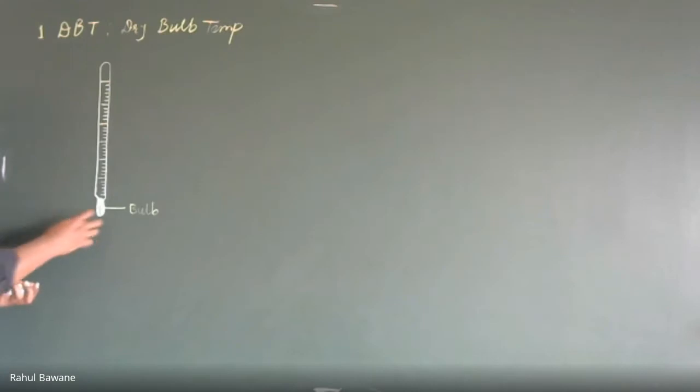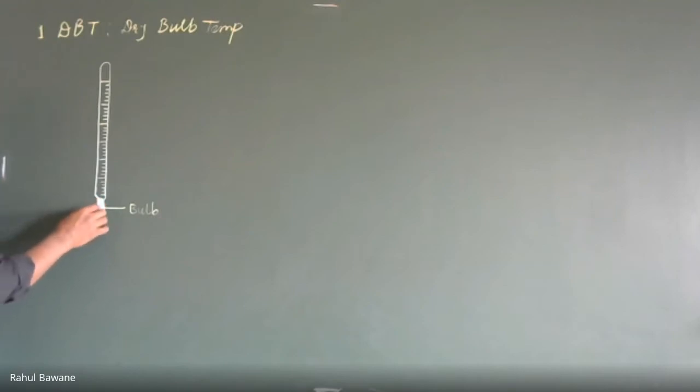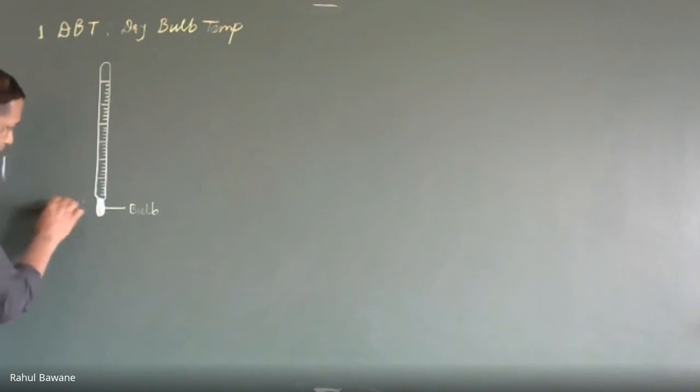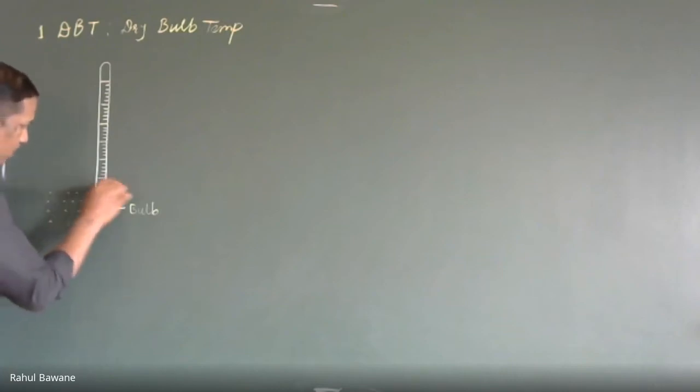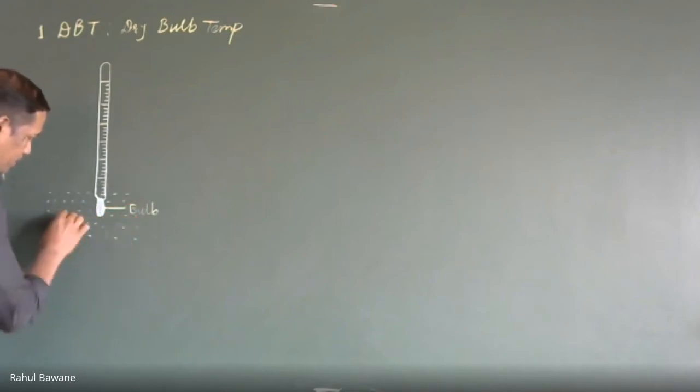If this bulb is naked, without wound with any material, any cloth, anything, so if I am using such a bulb, it is called a dry bulb. And when I try to measure the temperature, whatever be the surrounding air temperature, suppose this is the air.